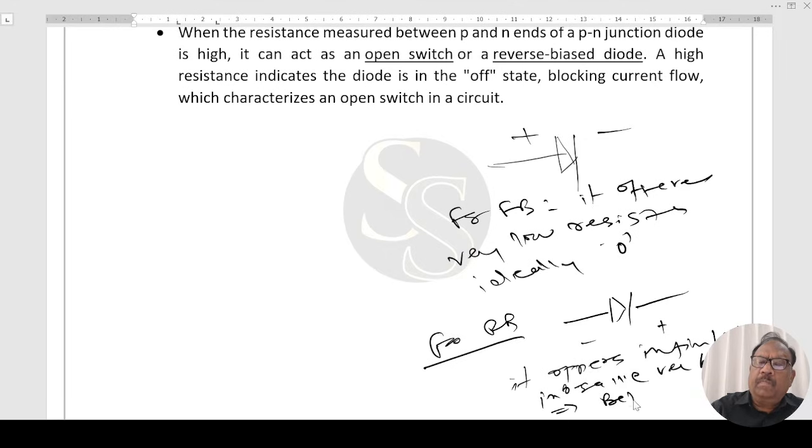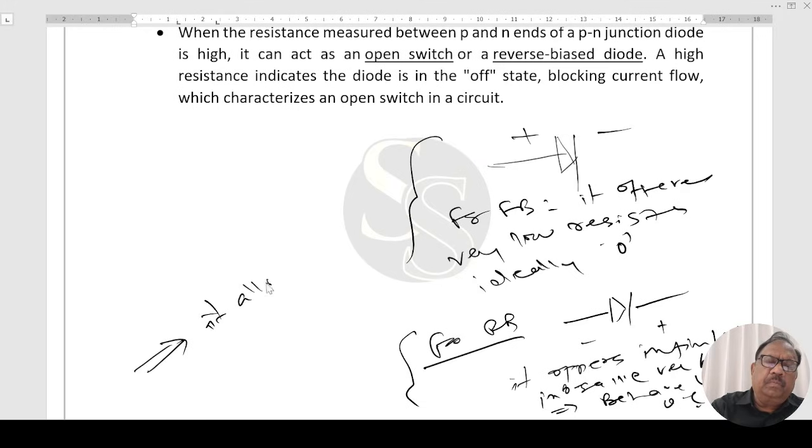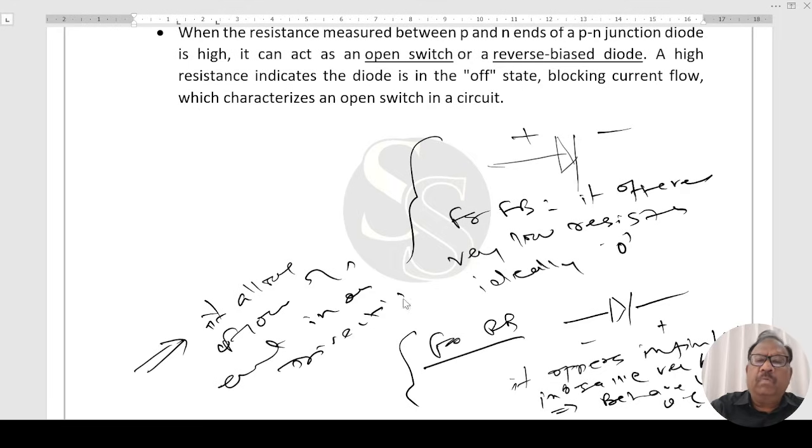It behaves like an open circuit. Means it allows flow of current in one direction.